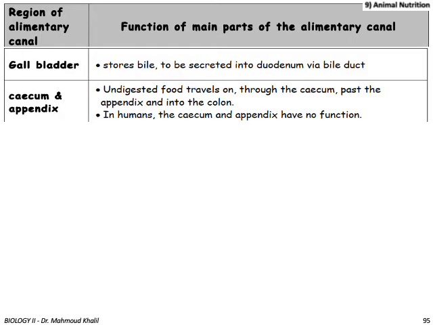The gallbladder, which is beside the liver, stores bile to be secreted into the duodenum via the bile duct. As for the cecum and the appendix, the undigested food travels on through the cecum, past the appendix and onto the colon. In humans, the cecum and the appendix up till now have no known function.